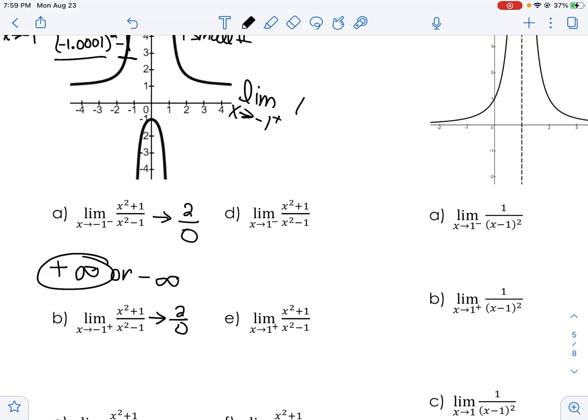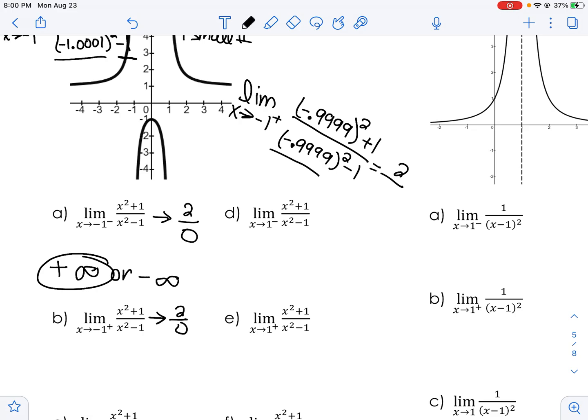Okay, so I'm going to plug in negative 0.9999 squared plus 1. The denominator is negative 0.9999 squared minus 1. Again, my numerator is going to give me 2.